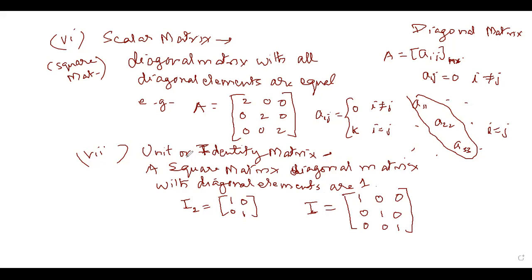So these are the types of matrices. There are many other types also, but we are going according to CBSE as of now. Later on, we will discuss more types. Now equality of matrices, then we will complete our exercise.